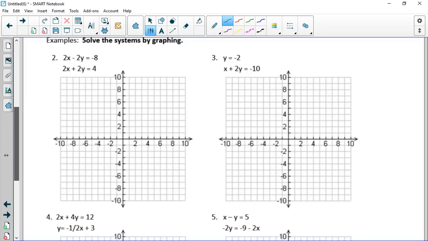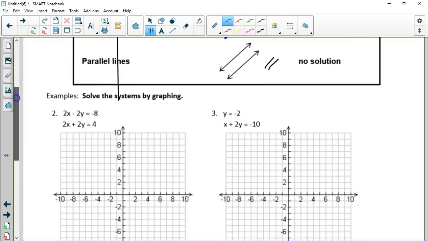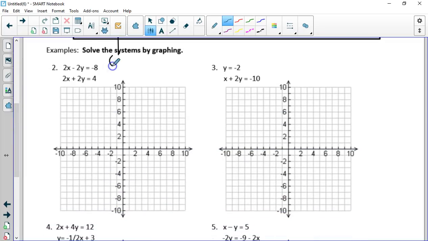I'm going to plug in 0 for x and see what I get for y. And I'm going to plug in a 0 for y and see what I get for x. Now I'm just going to kind of do the cover-up method, which you can do mentally. So if I plug in a 0 for x, that means I'm going to have -2y equals -8. If I divide by -2, that's going to give me +4.